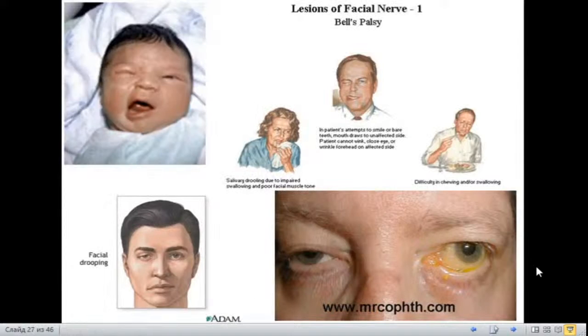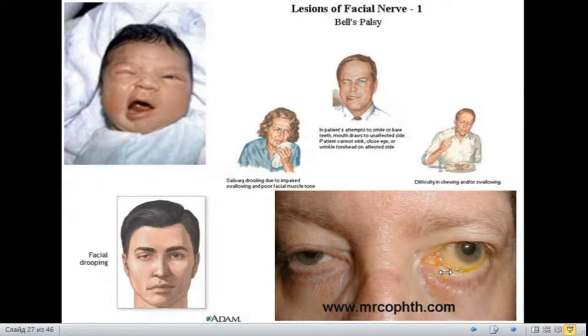Lesion of facial nerve known as Bell's palsy. It is manifested as paralysis of muscles of facial expression, facial drooping, then salivary drooling. It is due to paralysis of mimic muscles, and also disturbances in lacrimation.